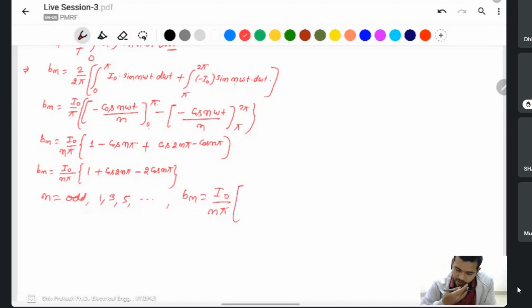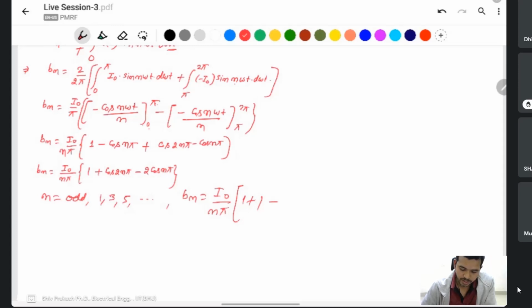You know cos 2nπ means 1, minus cos nπ. First one is 1. If you take 2π, it means 1 plus 1.